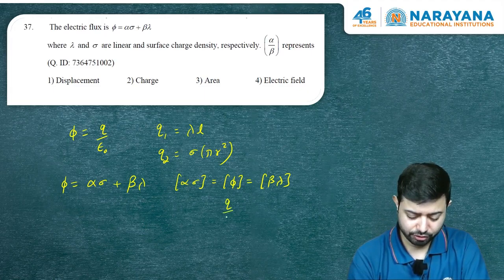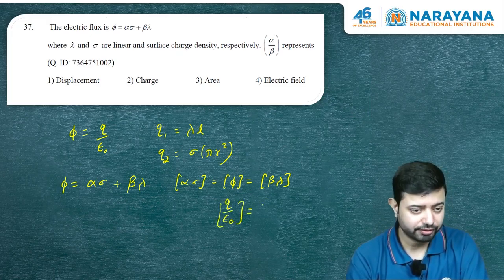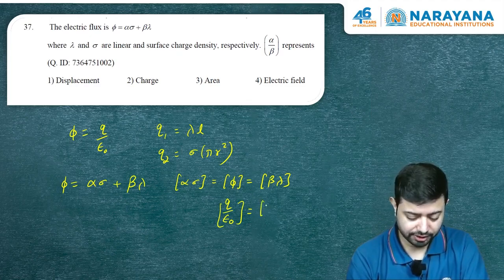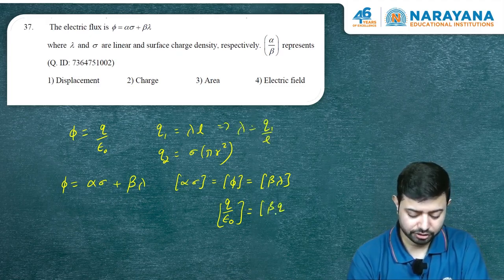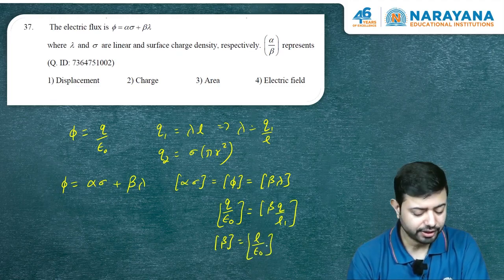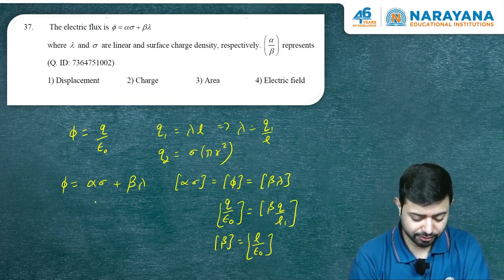Beta, we do not know yet, we have to find what beta is representing, but lambda is charge by length. So, this is going to be beta into charge by length. So, I can say the dimension formula of beta from here will be length by epsilon naught.